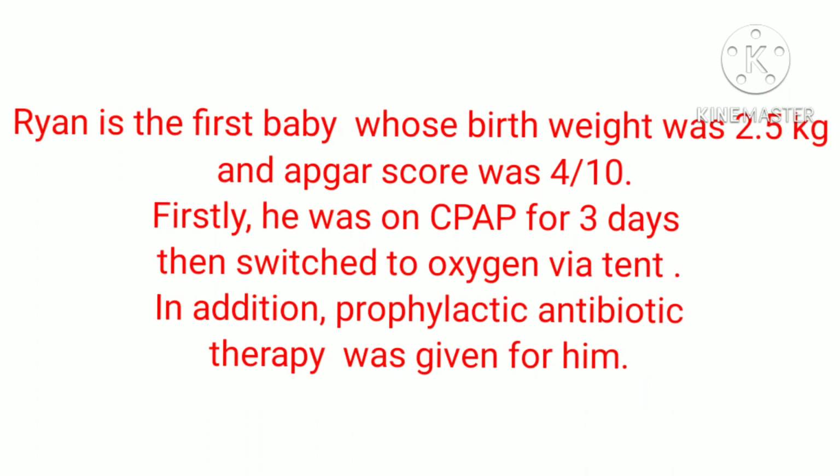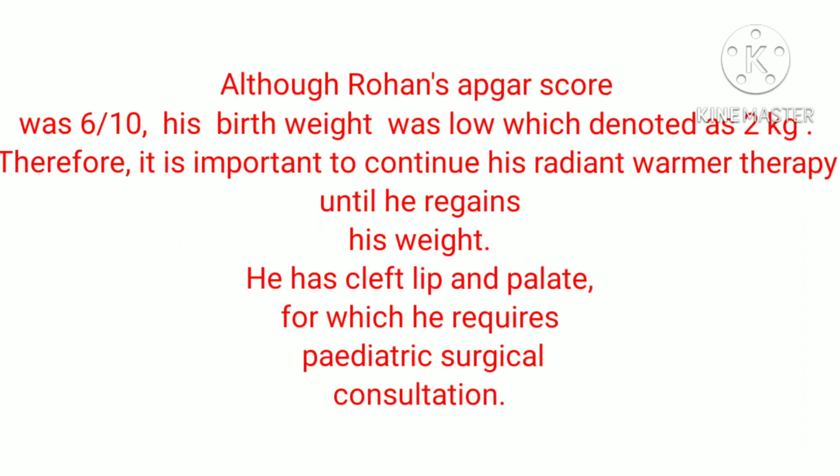Next, we can talk about the first baby. Ryan is the first baby whose birth weight was 2.5 kg and Apgar score was 4 out of 10. Firstly, he was on CPAP for 3 days, then switched to oxygen via tent. In addition, prophylactic antibiotic therapy was given to him. Next paragraph. Although Rohan's Apgar score was 6 out of 10, which is normal, his birth weight was low, 2 kg.